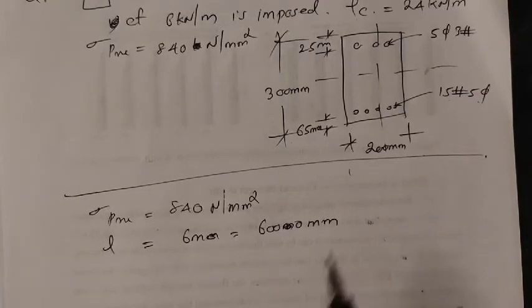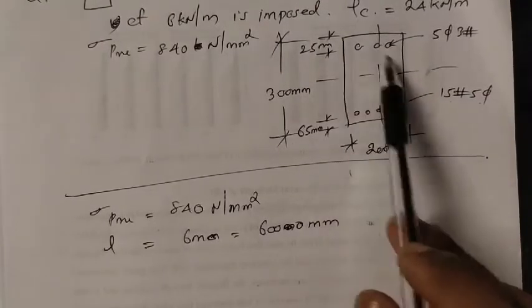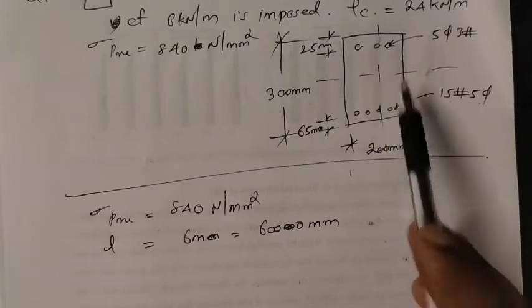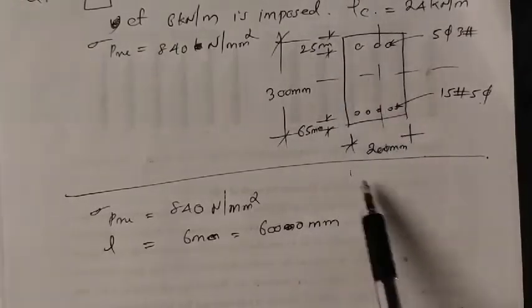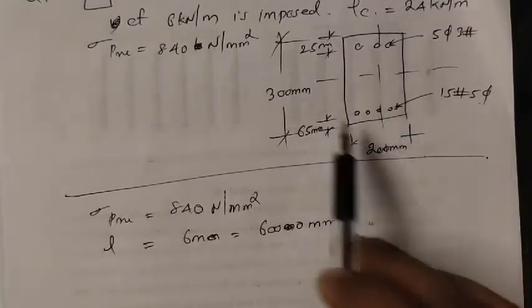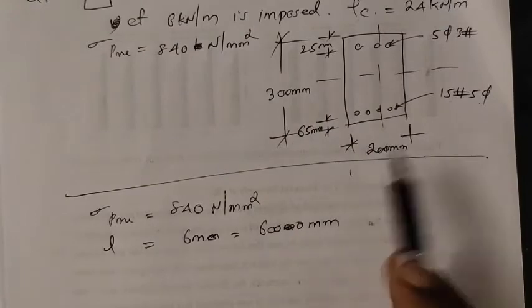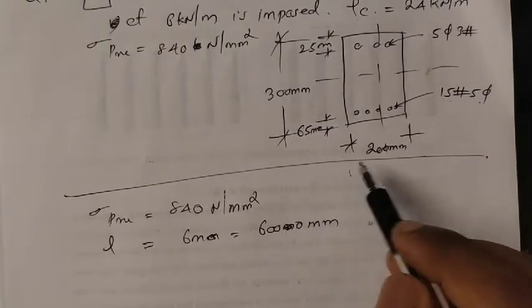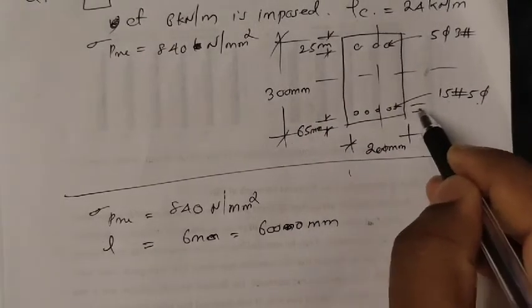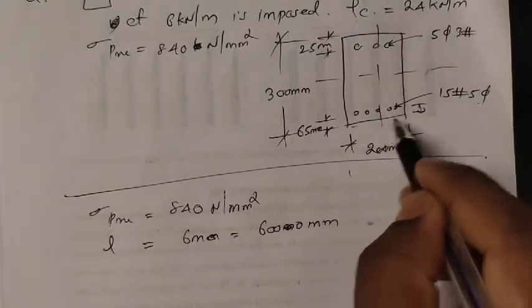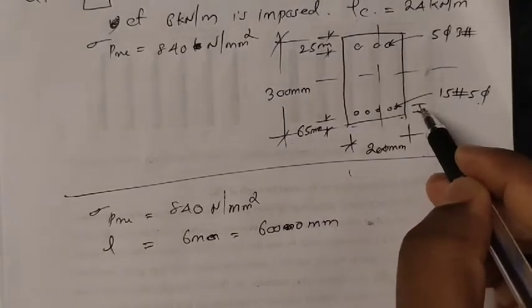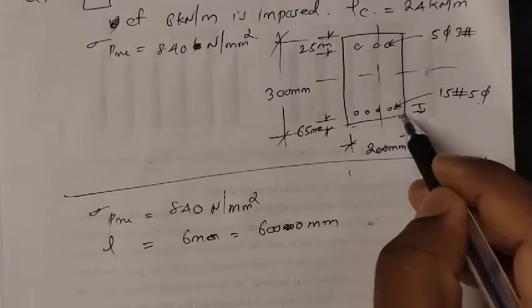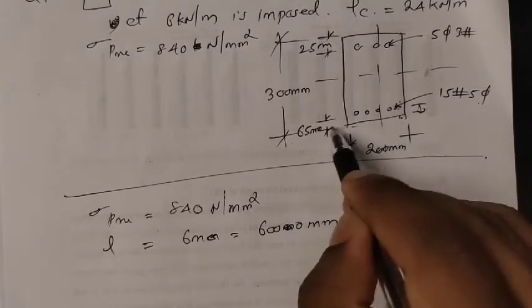Then we want to know where the centroid of these 18 steel wires is, that is 15 plus 3. For that purpose we are calculating this. We are considering the bottom as the reference line, so we are taking distance from the bottom. From here it is 65, that is already given.